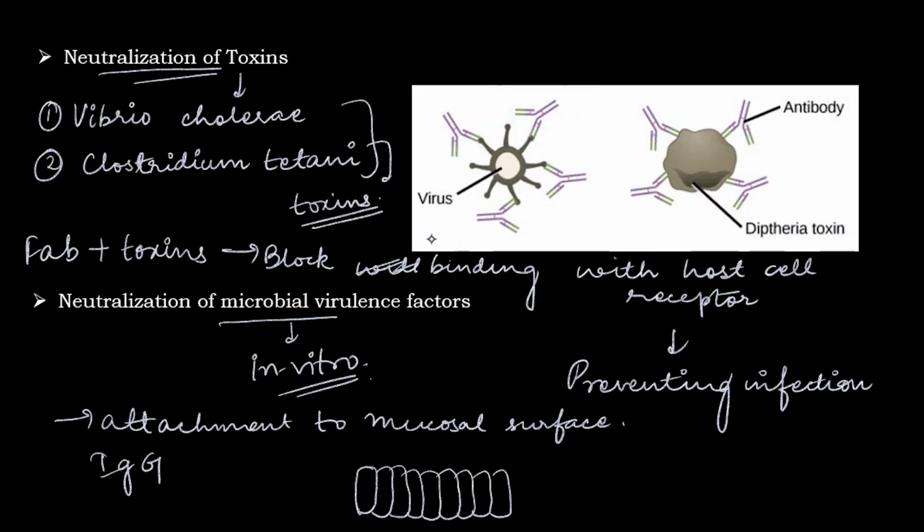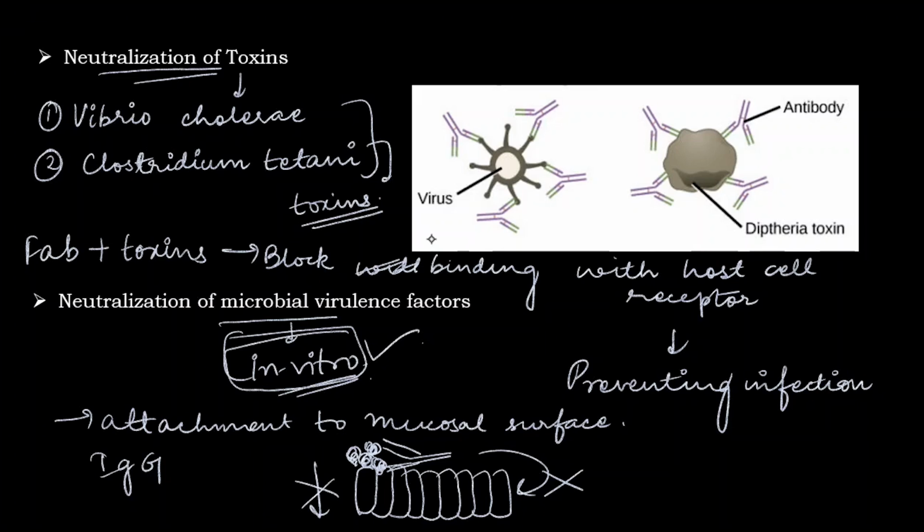Now how do these antibodies neutralize? The Fab domain will interact with these bacterial cells, and when they interact, they block their entry into the epithelial cells. So further, they will not be able to enter. This is seen only in in vitro conditions.